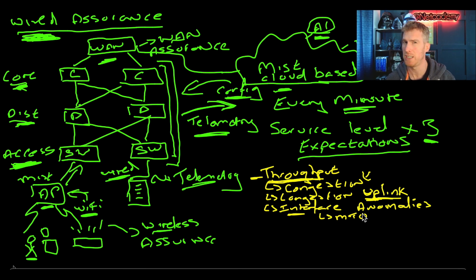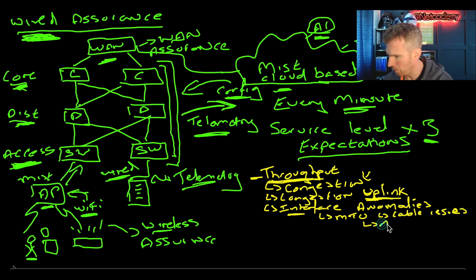Or maybe because of the MTU, packets are being dropped. But you've also got cable issues, and also negotiation, i.e. auto-negotiation failures as well. So all types of anomalies that can happen on the interface that would impact the end user experience.